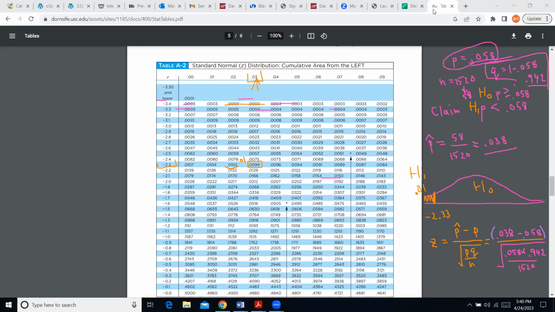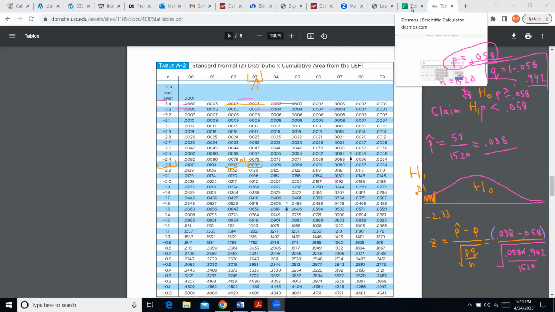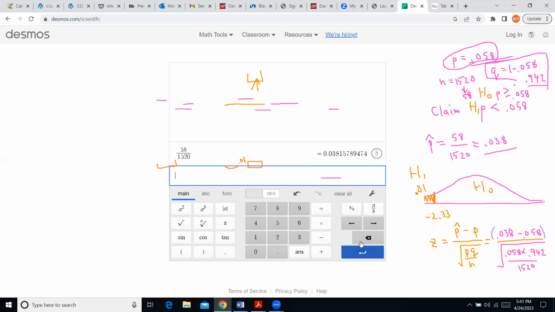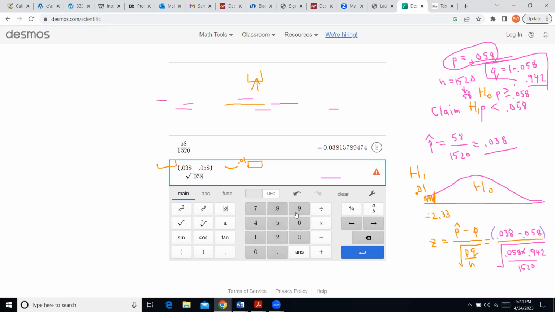Okay, so let's do this. Take this numerator in parentheses, 0.038 minus 0.058 in the parentheses, and then I divide by the square root of 0.058 times 0.942.